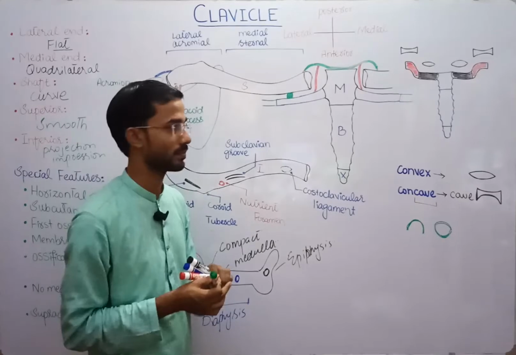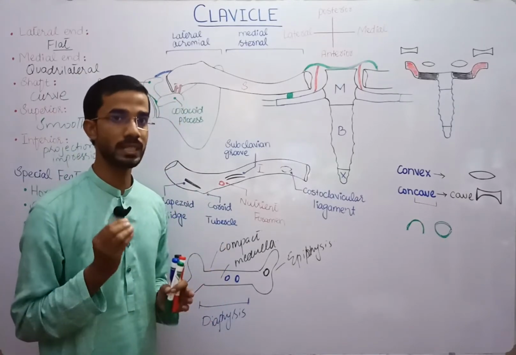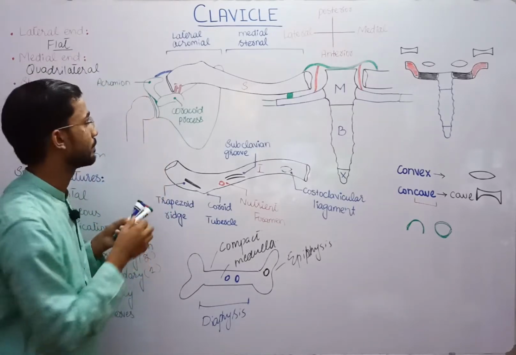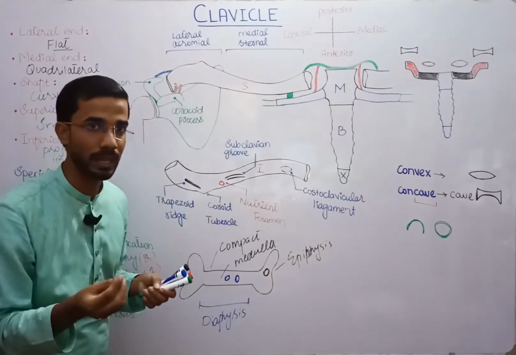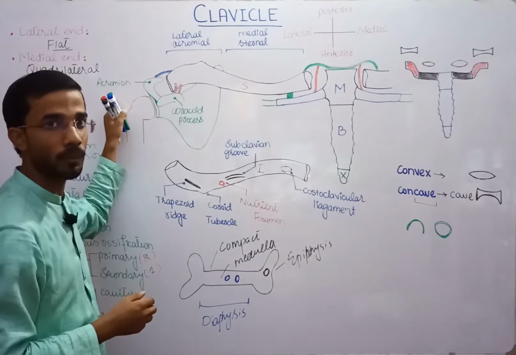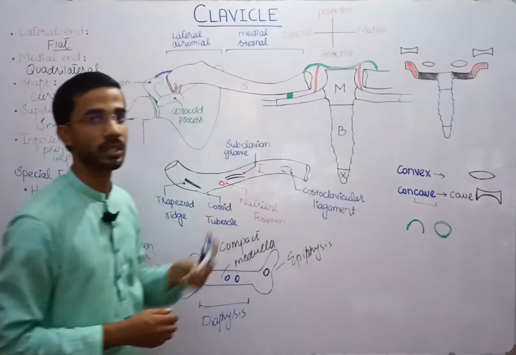Next, we will see that there are two portions of the clavicle. Here is the lateral, or you can say acromial, because of the presence of the acromion, and the medial because it is present towards the sternum.